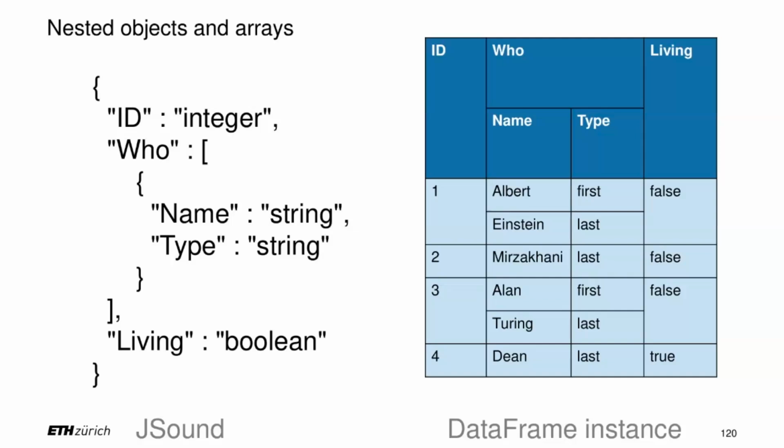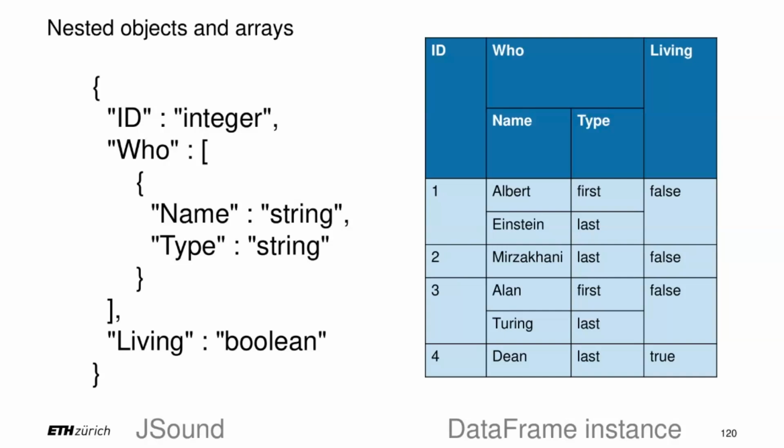What's important to see is that in order to draw the skeleton of the data frame, you have to look at the data. The schema is not enough. You have to look at the data, discover these extra keys, and then add the columns. And this is the key part here, is that we do not like that. So in data frames, the schema of the data frame is supposed to be known in advance.